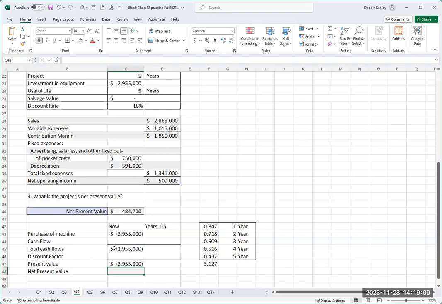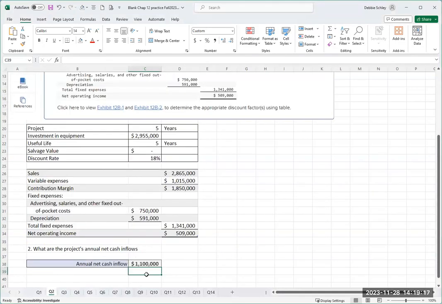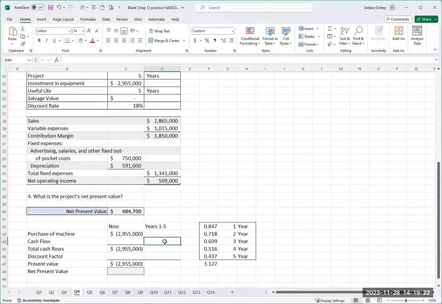And so the present value of now is just that purchase of the machine. And then for the cash flow, if you'll recall, for mine in question 2, my cash inflow was 1,100,000. Okay, and so that is my total, because there isn't anything else I need to worry about for this one.